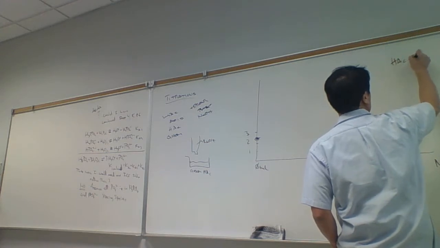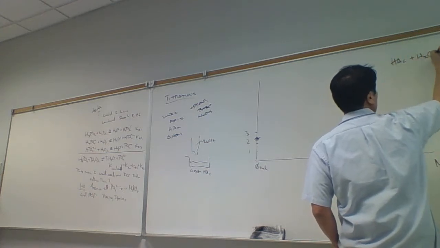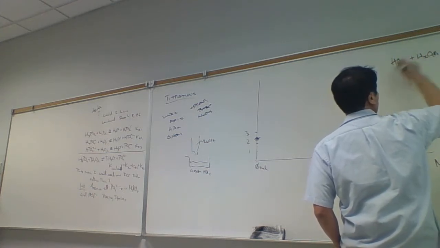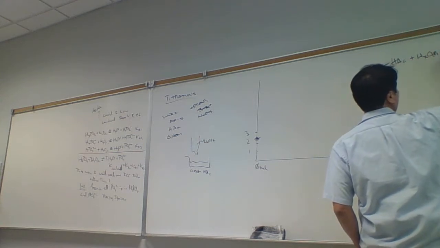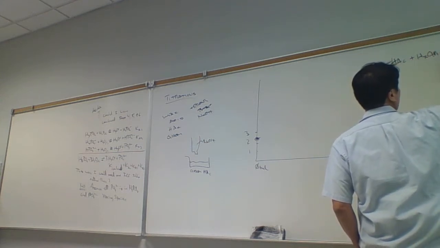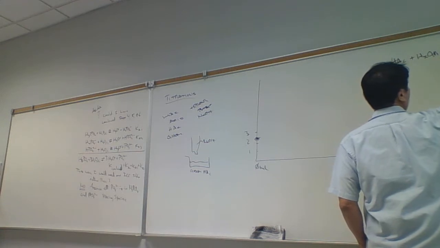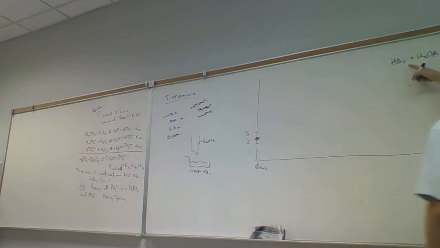So we look for all the hydronium ion producers. So we're going to have acetic acid plus water yields hydronium and acetate. I'm going to use abbreviation for acetate, AC. Ka for this is 1.8 times 10 to the minus 5.